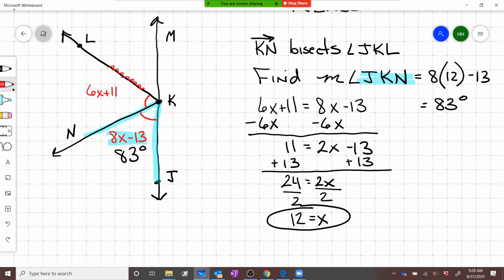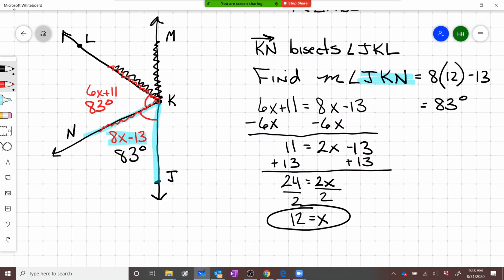Who can tell me the measure of the red angle? Good, 83 degrees. And who can tell me the measure of this black angle right here? How would you find the measure of the black angle? Subtract the two angles out of 180.